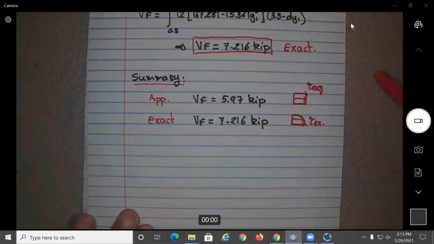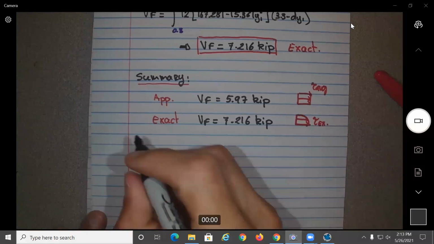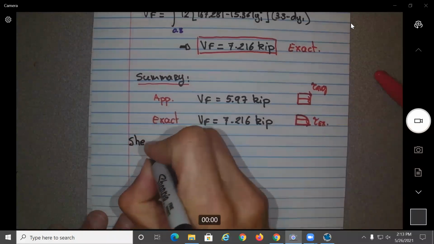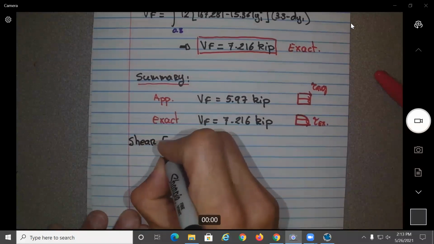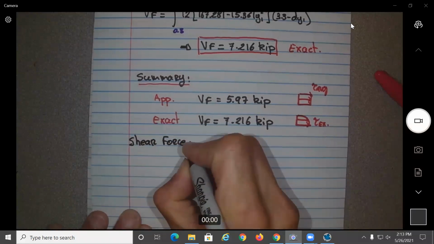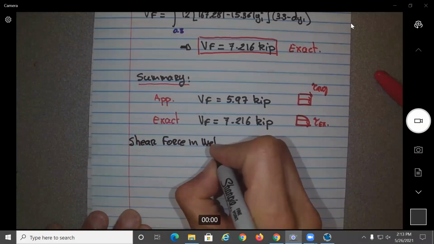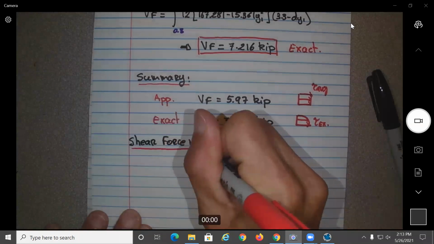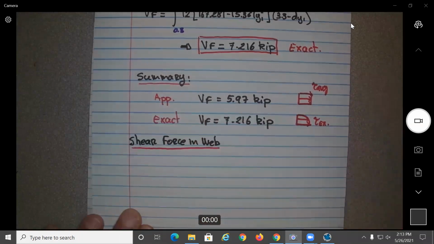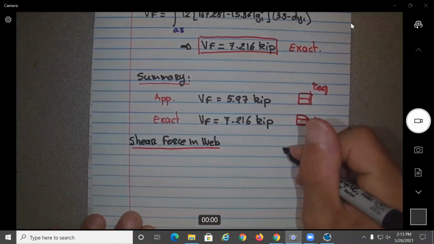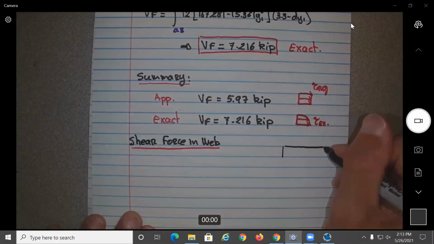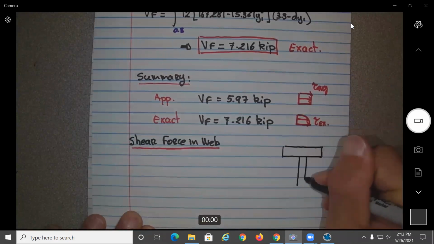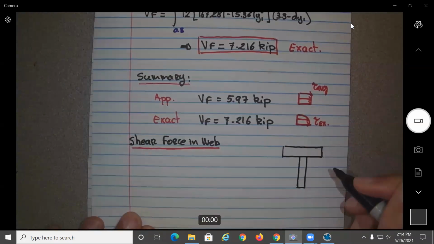Okay, and now let's say shear force in web. So I'm going to do it very simple.